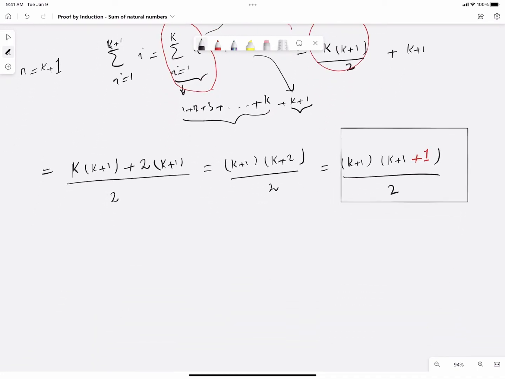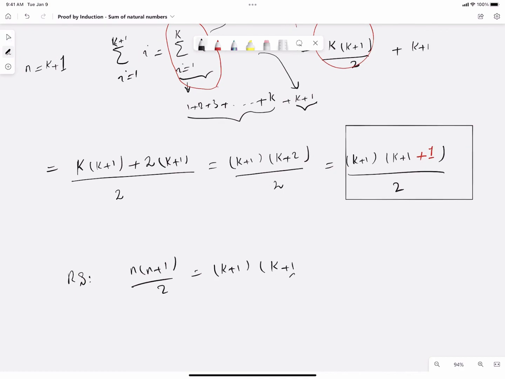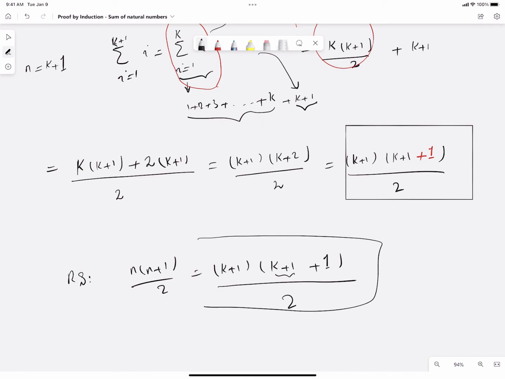So the right side is going to be k plus 1 times k plus 1, which is, again, n, plus 1, divided by 2. Now if you compare the right side of this equation with the left side, that's what I got from the left side, and this is from the right side, you see that both of them are equal to each other.